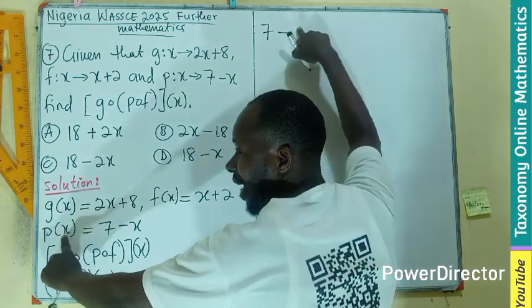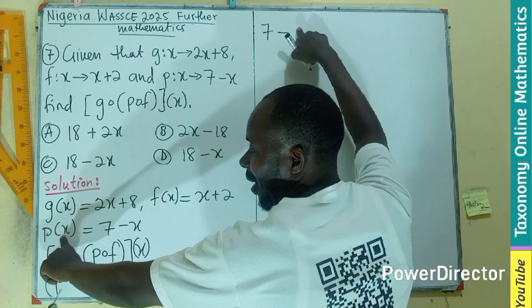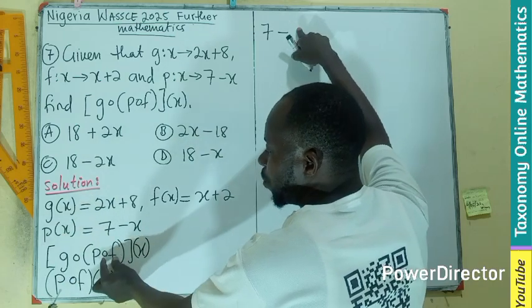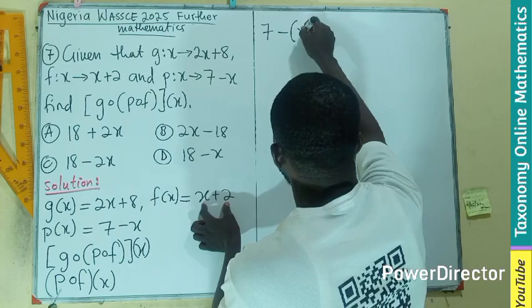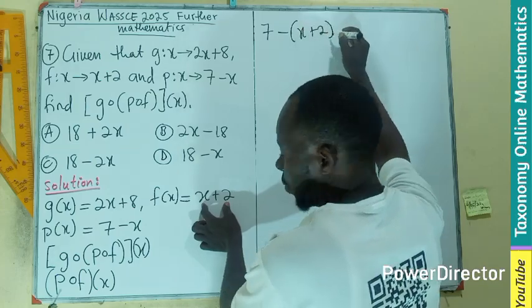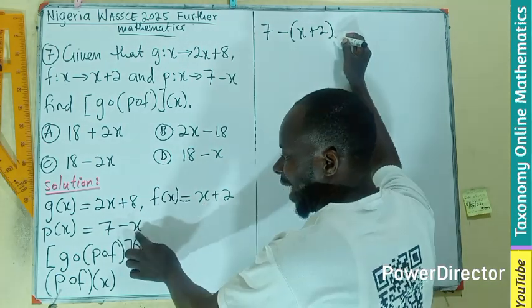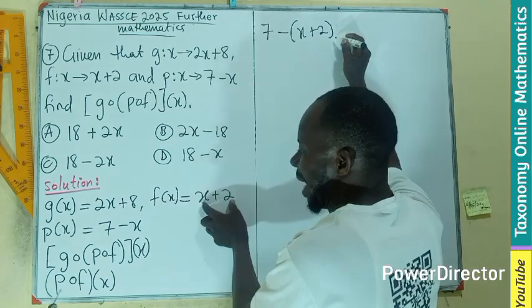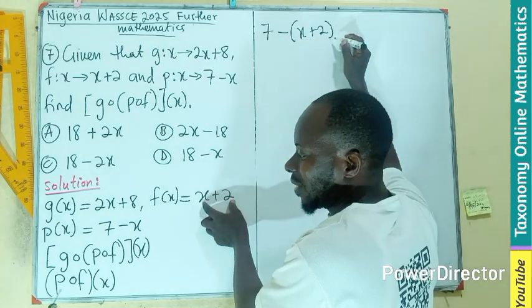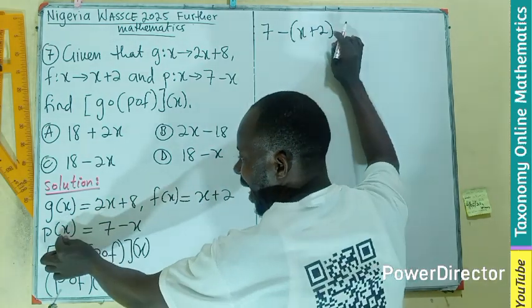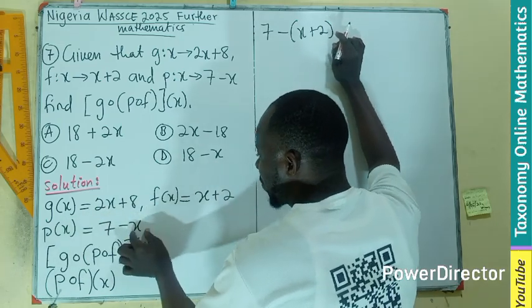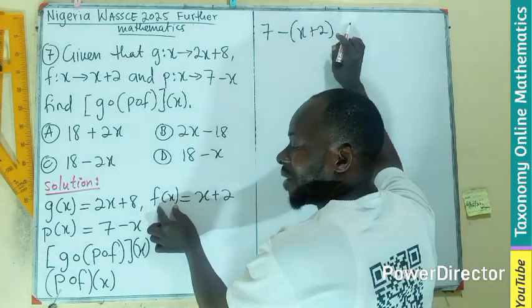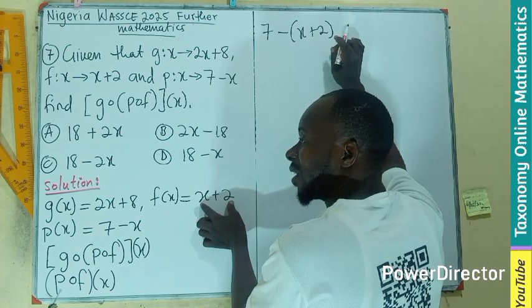Now we are changing the x as an input with the input of the f function, and the f function is x plus 2. This x is being replaced by this. Do we get that? So we are replacing the x which is already here with the function f of x, which is x plus 2.